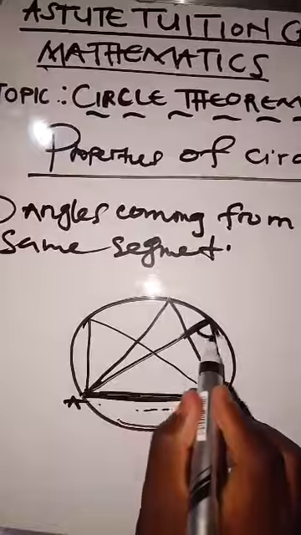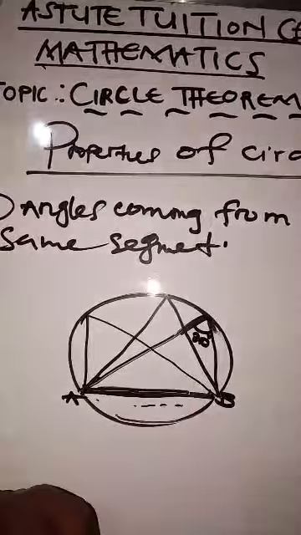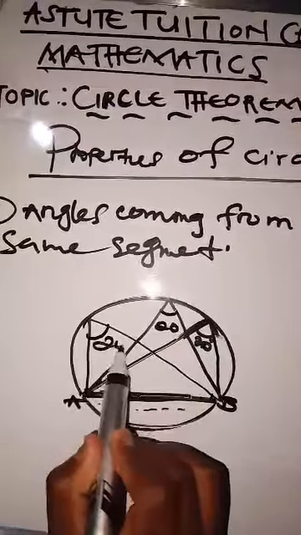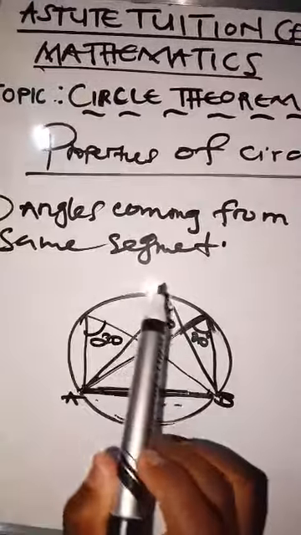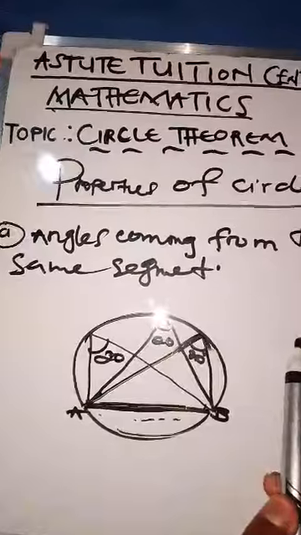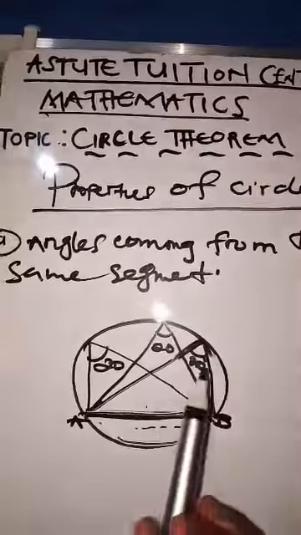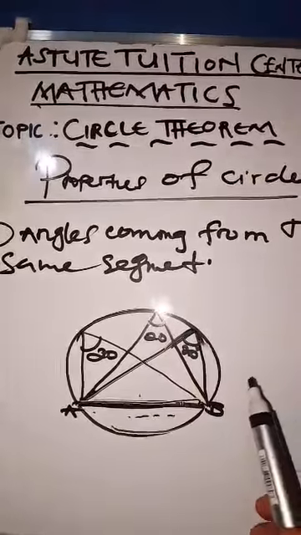So if this one here is 20, even this one is going to be 20, even this one is going to be 20. So all angles coming from the same segment are equal. So you really need to understand this concept. Okay, let us now talk about the next one.